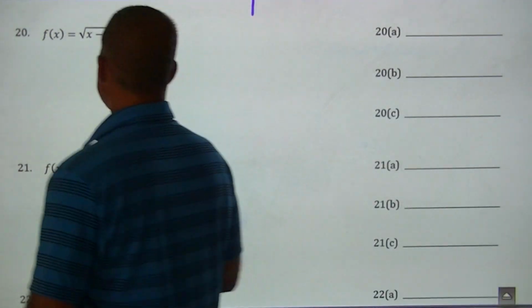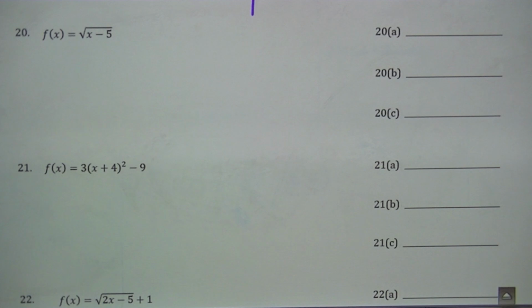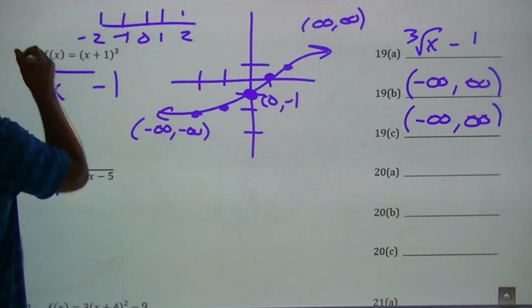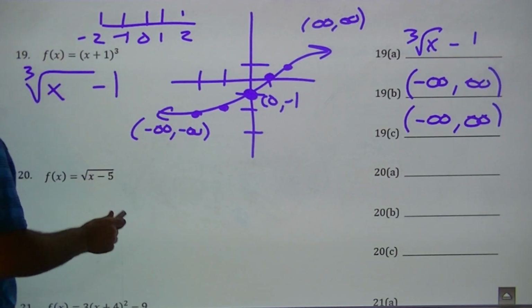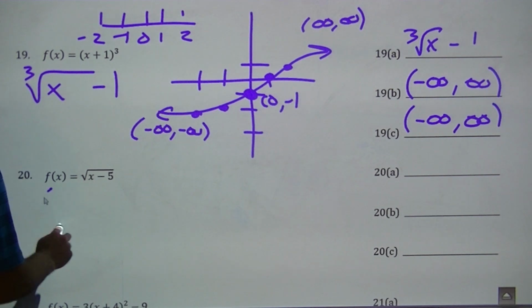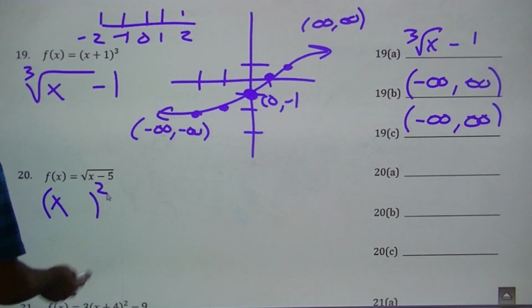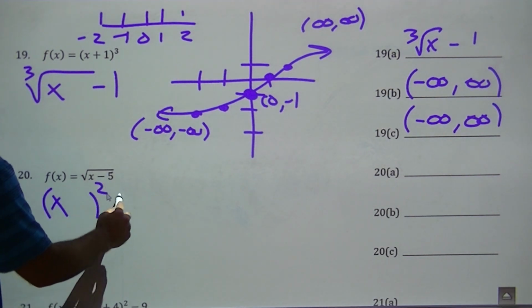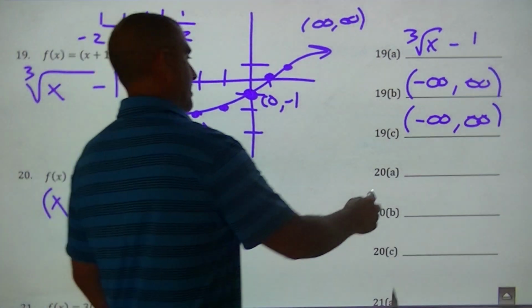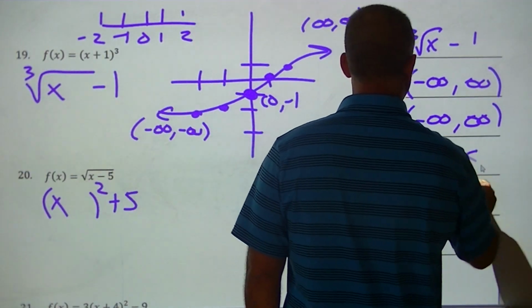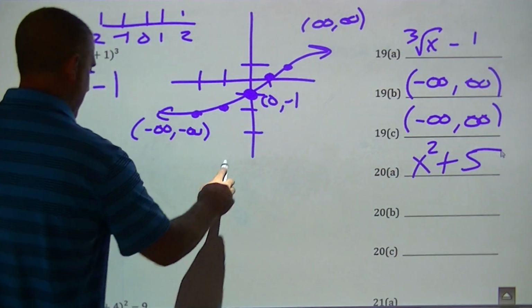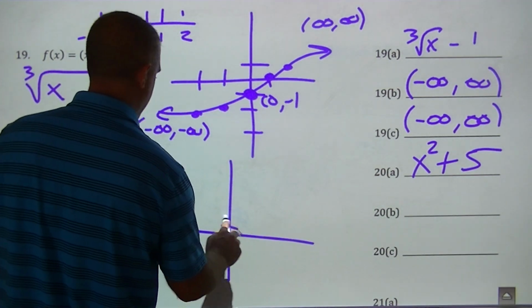Moving on. I've got 20. So what I would do is I'd have squared. Minus 5 on the outside becomes plus 5 on the inside. So that would be the inverse. My anchor point is 0, 5.